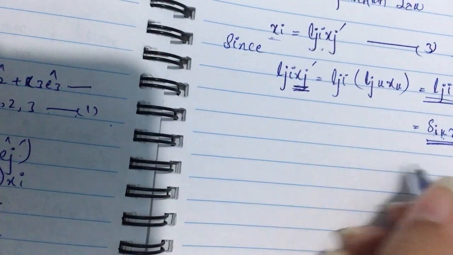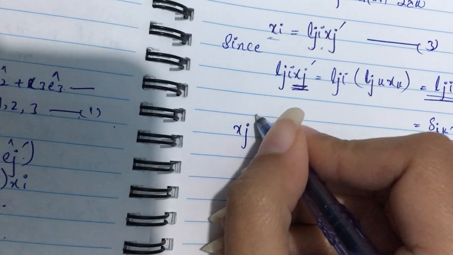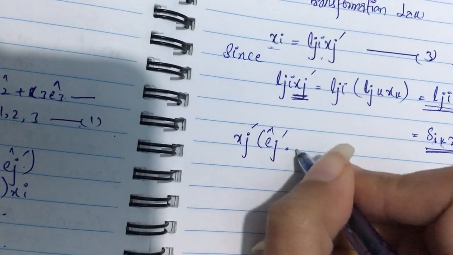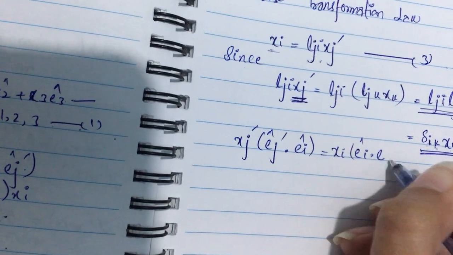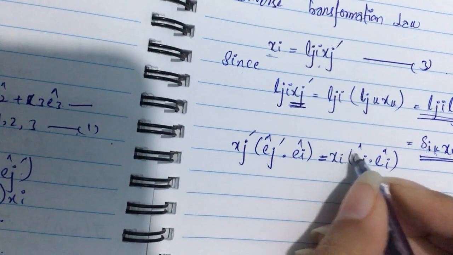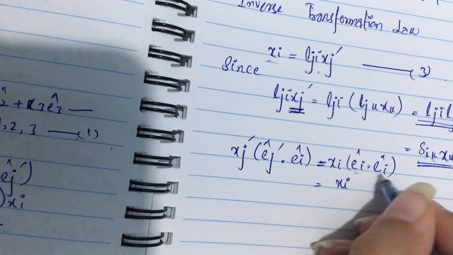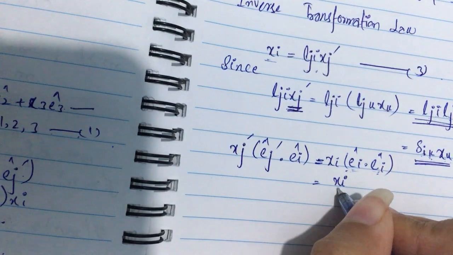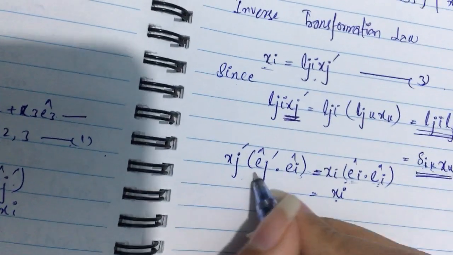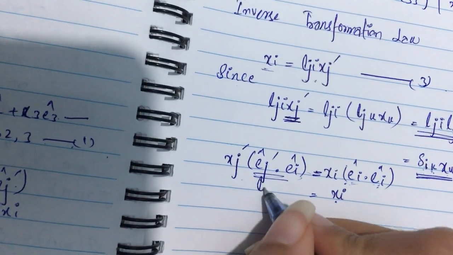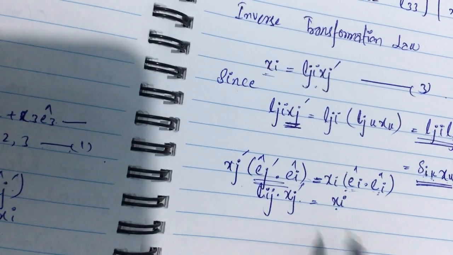So the equation becomes xj dash ej dash dot ei equals xi ei dot ei. The dot product of the same unit vector is 1, so this result is xi. And using the definition, this result equals lij into xj dash. So this is the equation here.